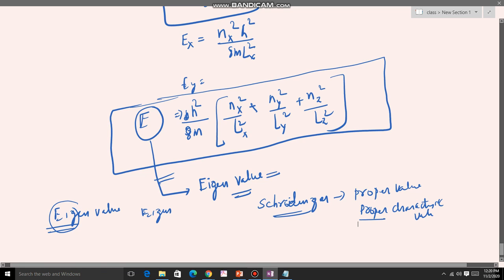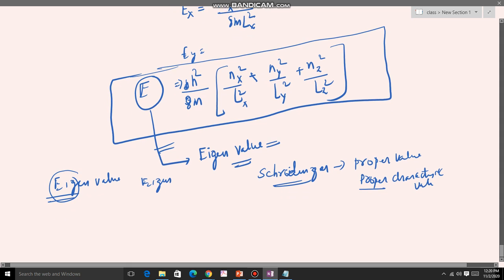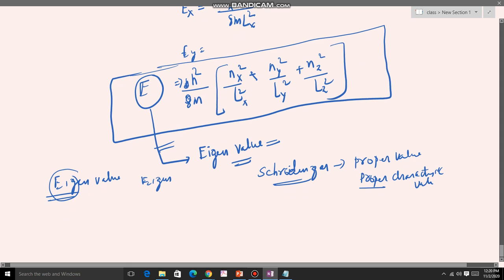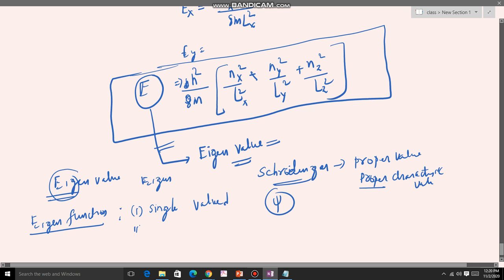Okay, so the terms eigen function and eigen value are important terminology. Now I am giving you the eigen function definition after deriving this expression. Eigen functions in quantum mechanics should have some properties. The first property is that it should be single valued, your wave function psi. The second is that it should remain finite everywhere.